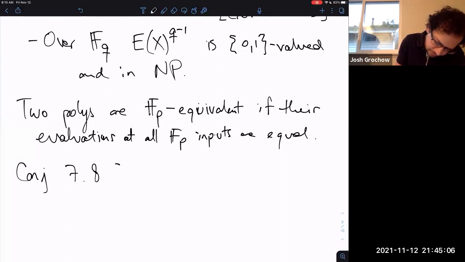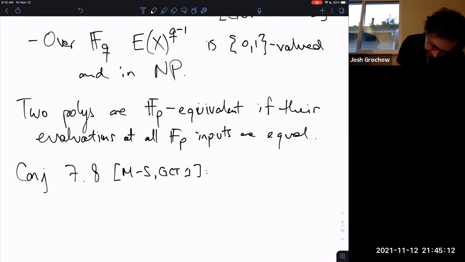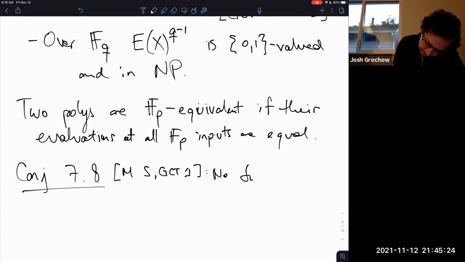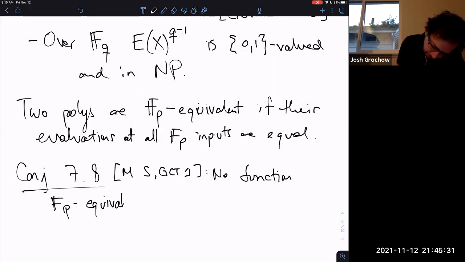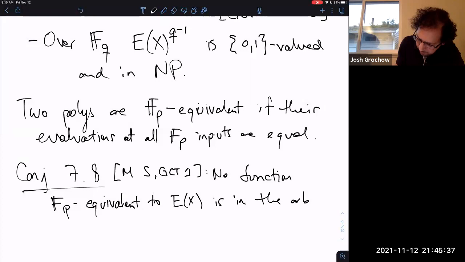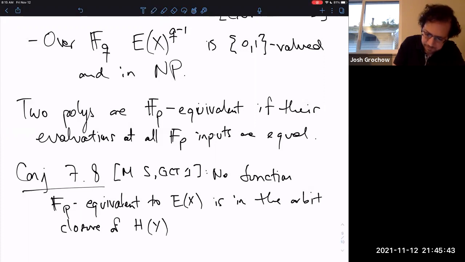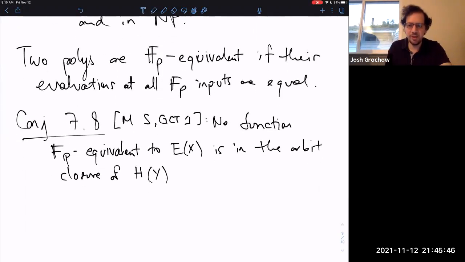So there are two conjectures in GCT1. One is that no function FP equivalent to E of X is in the orbit closure of H of Y. And actually, even more strongly, they conjecture that you can tell this from the stabilizer.